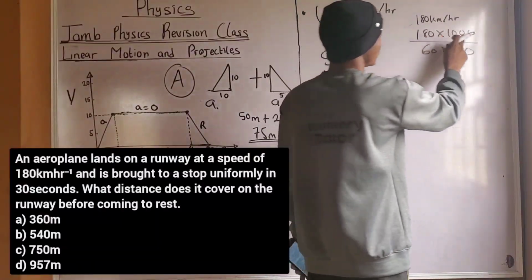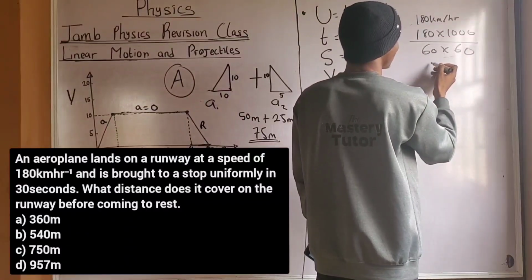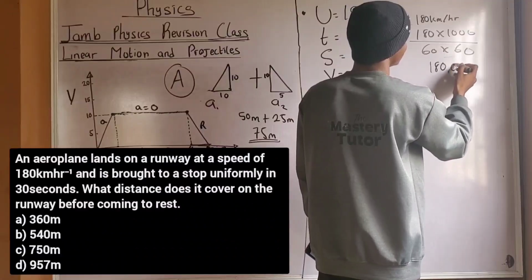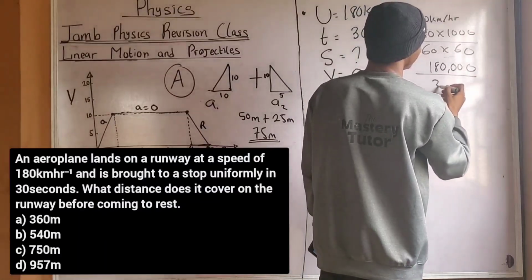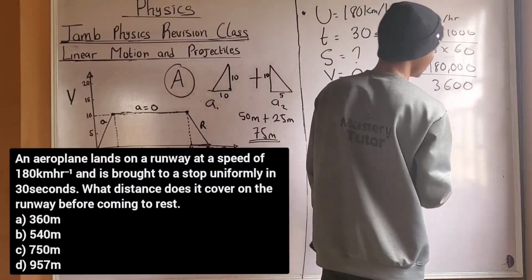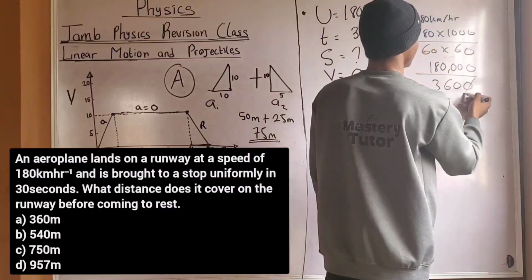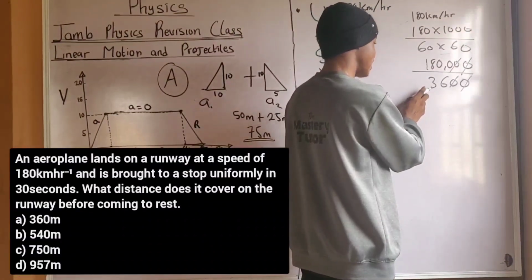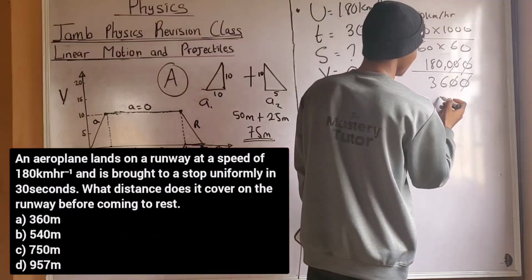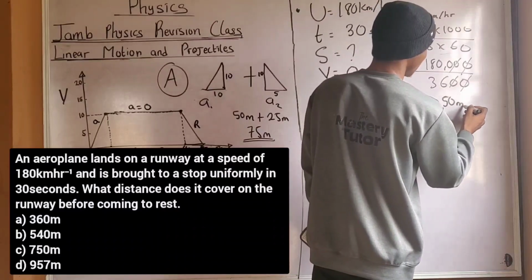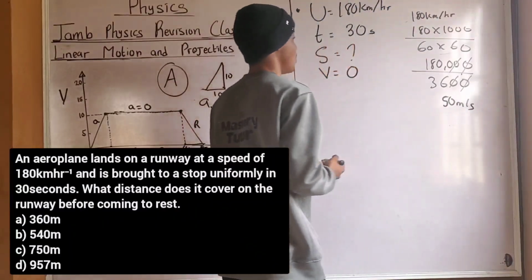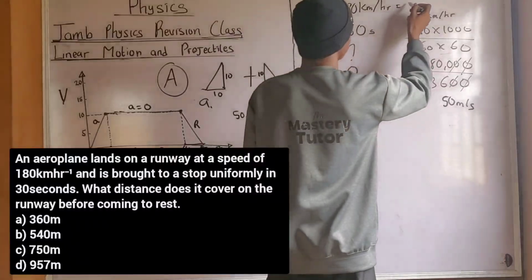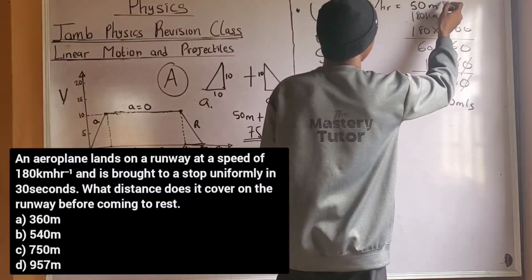So 180 times 1000, that is 180,000, all over 3,600, okay? This will cancel this. 1,800 divided by 36, that is 50. So here I'm going to have 50 meter per second.